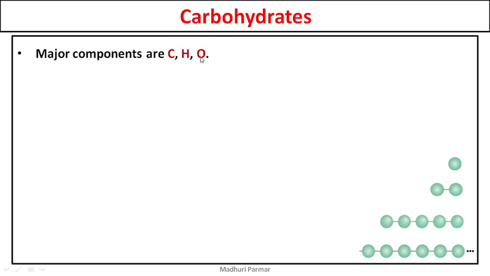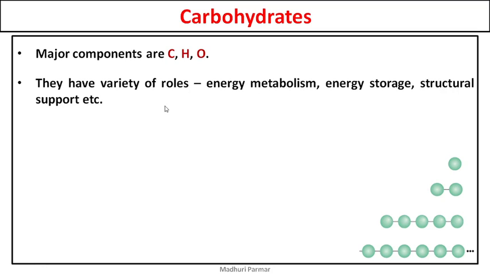They have a variety of roles. What is the role of carbohydrate? They have a main role in energy metabolism. That is, they provide you with energy. Just think of glucose or sucrose, right? It is providing you with energy. So carbohydrates have a major role in energy metabolism.